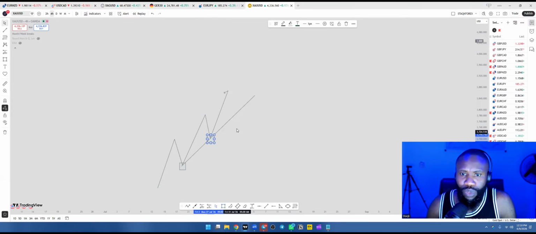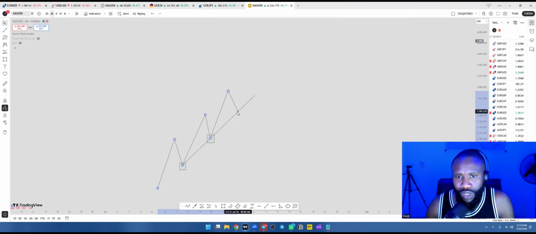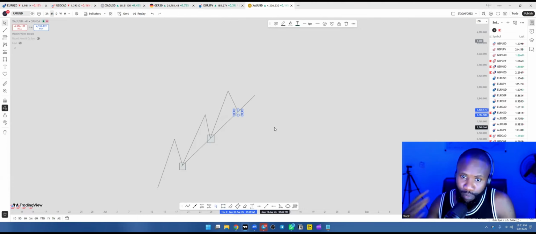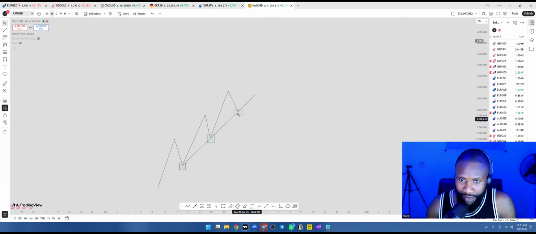What we are going to be doing is waiting for touch 3 to establish. When that touch 3 is established, that is when we are going to take advantage of the trade. Let's say, for example, the touch 3 is coming towards here. Once you have your touch 3, the only thing you have to do is watch out for your confluence, your confirmation, and other criteria that you need before placing your buy, your trade.